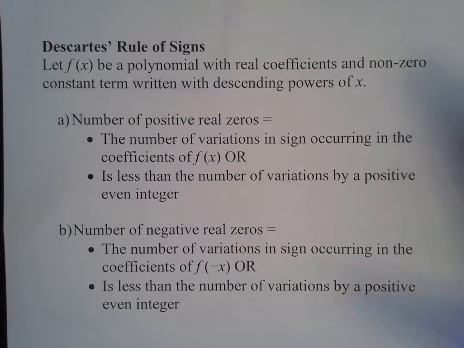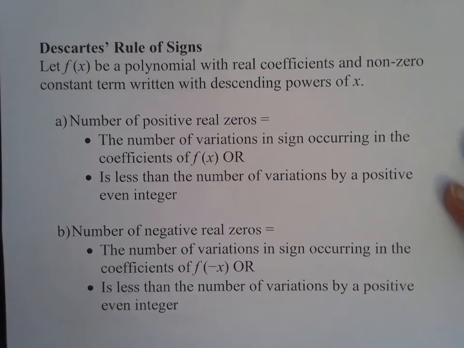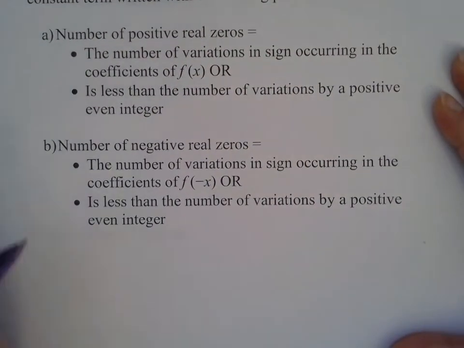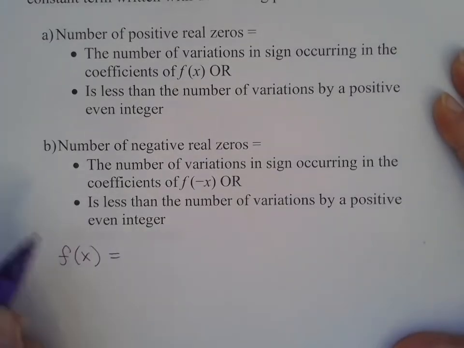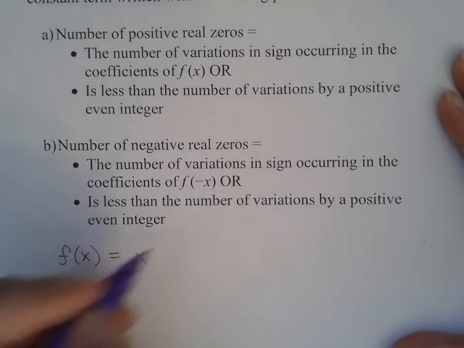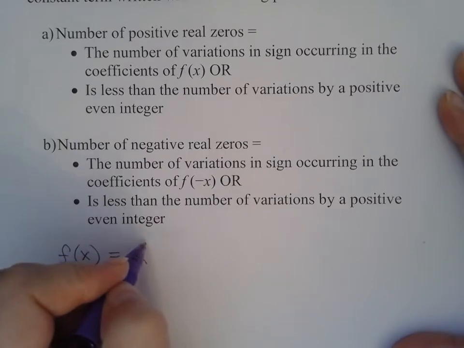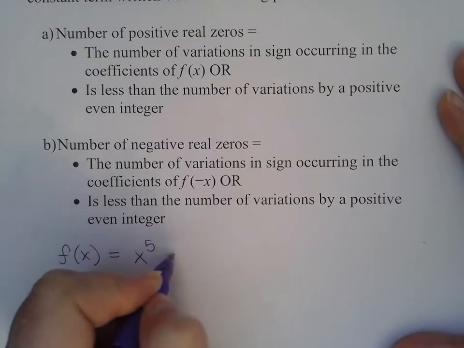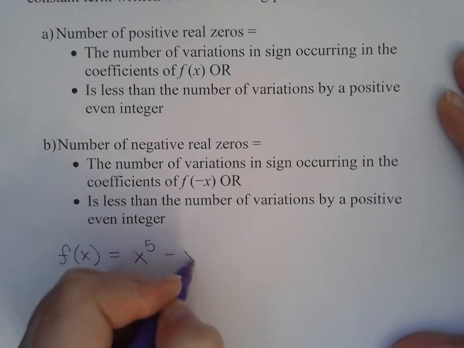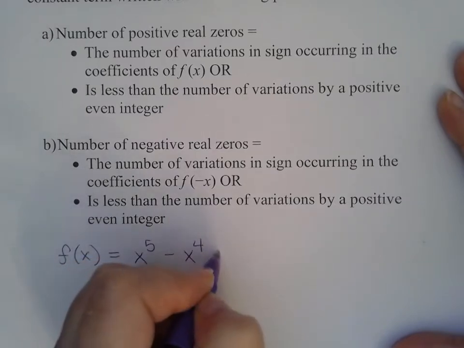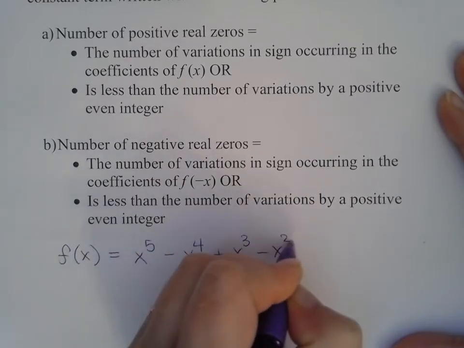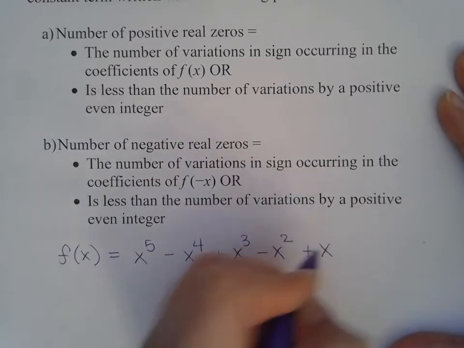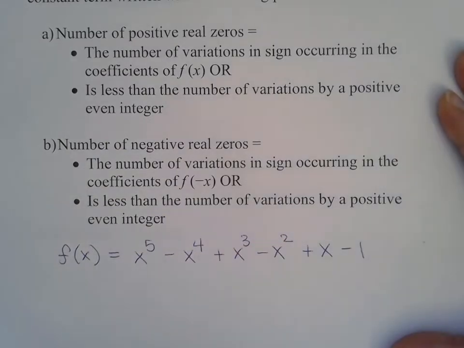Let's make up an example so I can show you what that looks like. I'm just going to make something up. Let's say f of x is x to the 5th minus x to the 4th plus x to the 3rd minus x squared plus x minus 1.